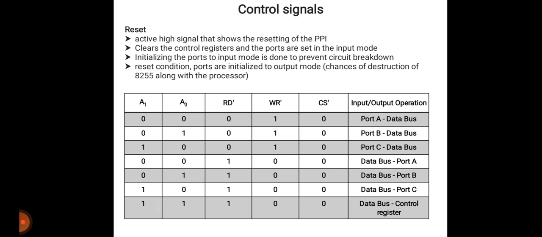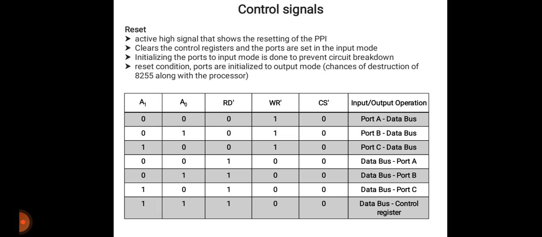Suppose A0, A1, RD, WR and CS have some input in the form of 00010. At that time, port A acts as a data bus. Then if the input is 01010, then at that time the input or output operation is performed with port B as a data bus. Again for port C also as a data bus.